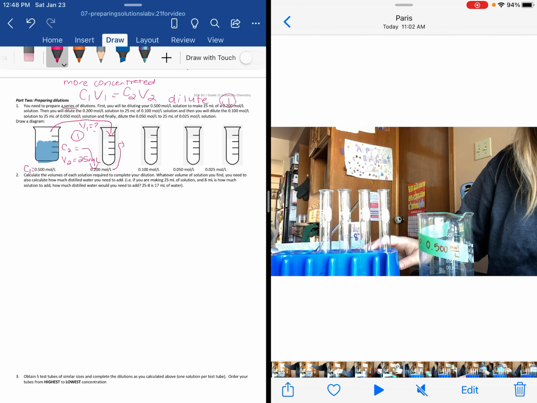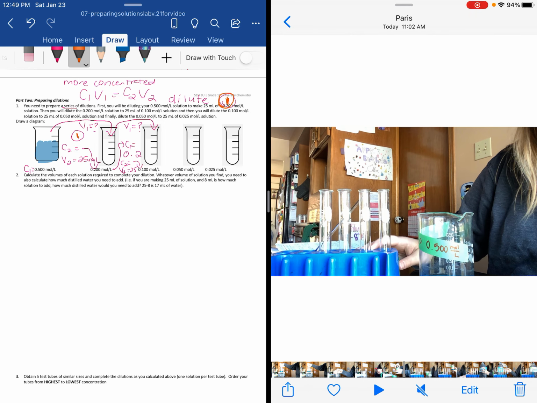So now this solution is going to be C1, to end up as 0.1, and the second volume is always going to be 25. How much of this solution do we need to make this one? So we're going to calculate a new V1.